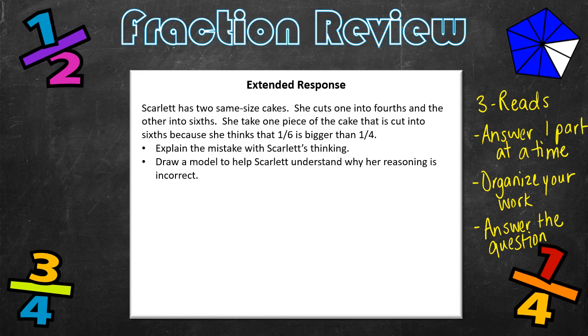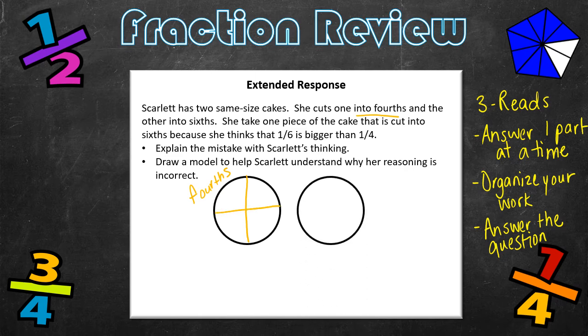Well, I'm going to start with the model because that's going to help me to explain why her thinking was incorrect. So that would be my first cake. And I'm going to cut my first cake into 4ths. So that tells me I'm going to cut it into 4 equal parts. Now I'm going to take my second cake and I'm going to cut it into 6ths.